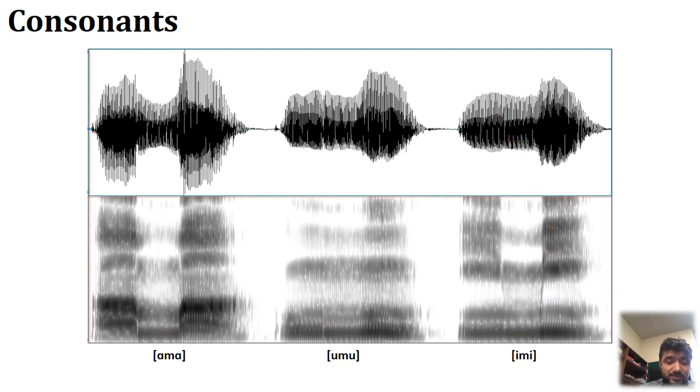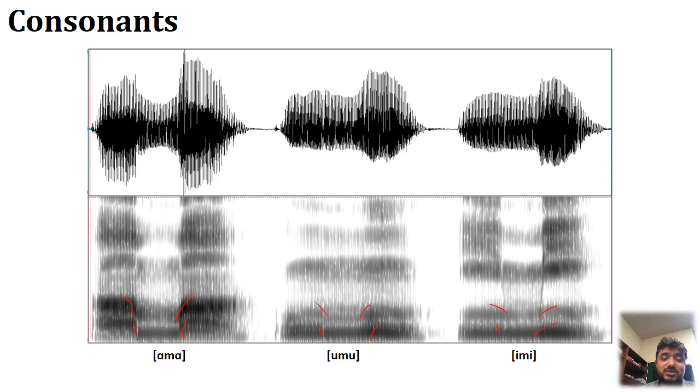But what's the place of the nasal consonant? You see the movements here. The movements are still reliable indicators that you are looking at a bilabial place. The two main nasal consonants are ma and na, and na is at the alveolar place, and the formant transitions would be very different.